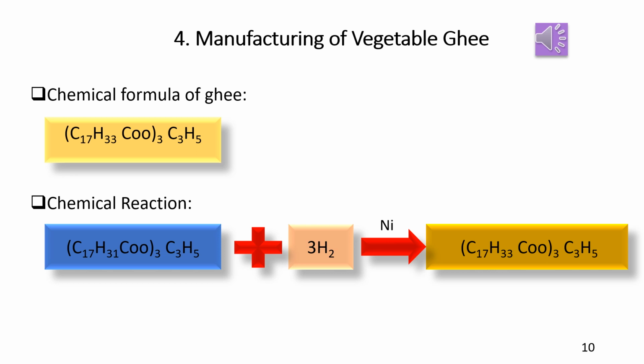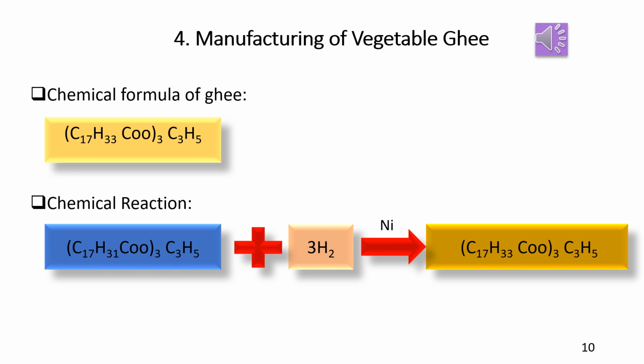Manufacturing of vegetable ghee. So what is the formula of vegetable ghee? The formula of vegetable ghee is C17H33COO taken thrice C3H5. The chemical reaction to prepare vegetable ghee is C17H31COO taken thrice C3H5.